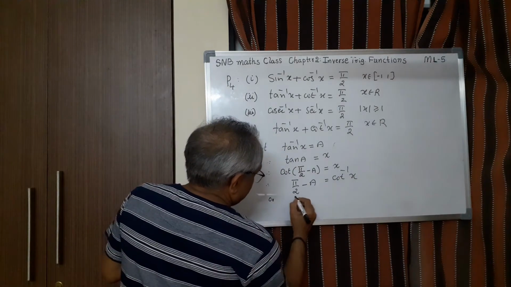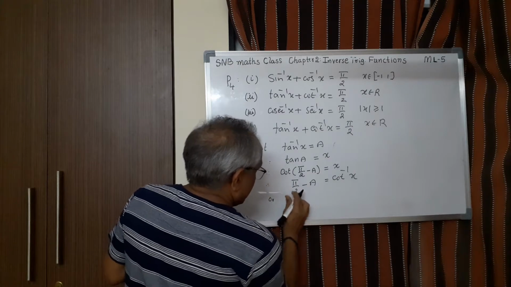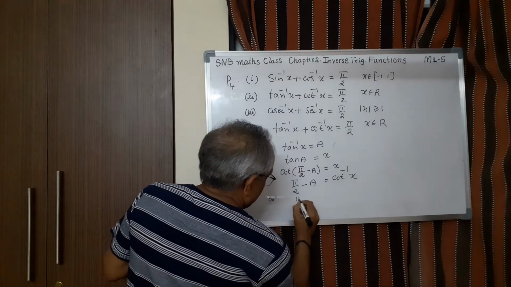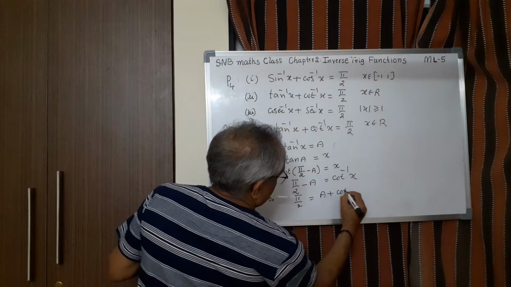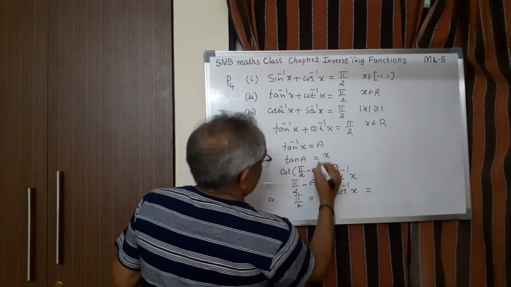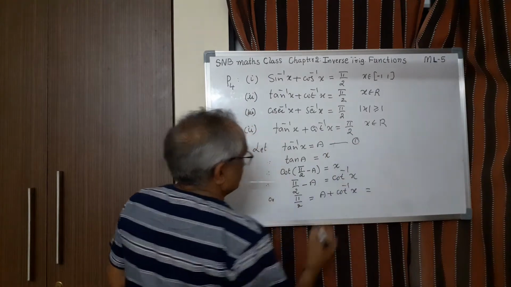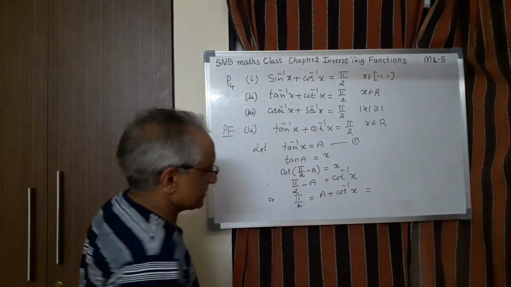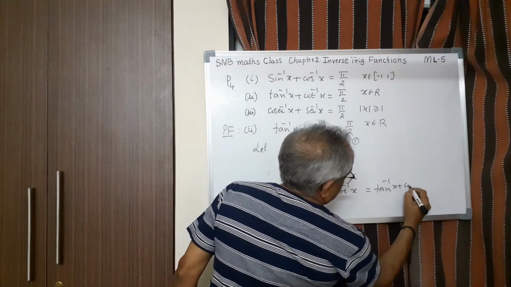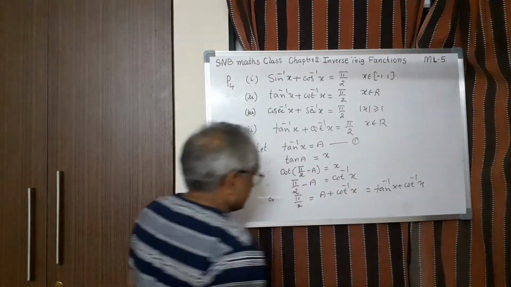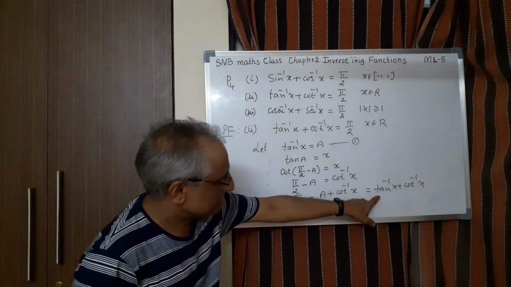Or you can say, I can take pi by 2 must be equal to A plus cot inverse x. But what is A? Let us take this as 1. A is nothing but tan inverse x. Therefore, tan inverse x plus cot inverse x, that is pi by 2, equal to tan inverse x plus cot inverse x.